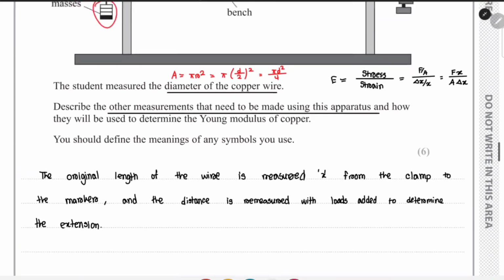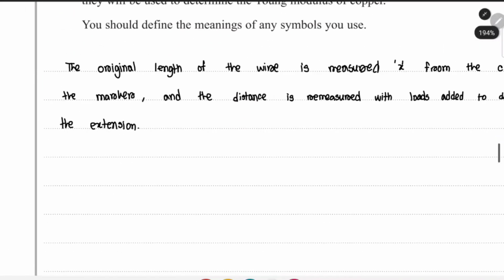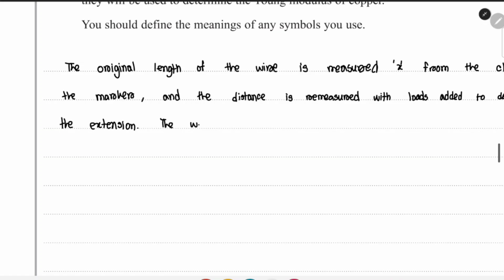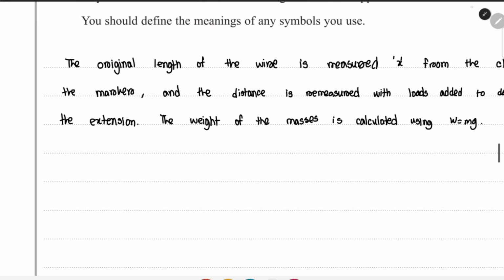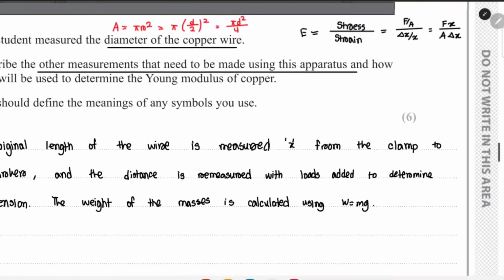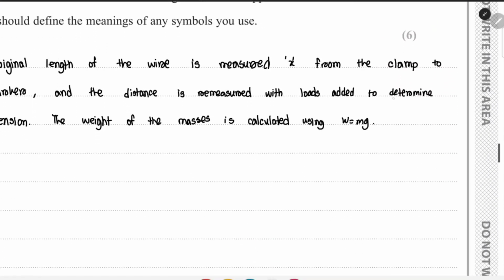The force is actually the weight of the masses. So the weight of the masses is calculated since they are known masses. I can just use W equals mg over here. And now I have the diameter, I calculate the area.